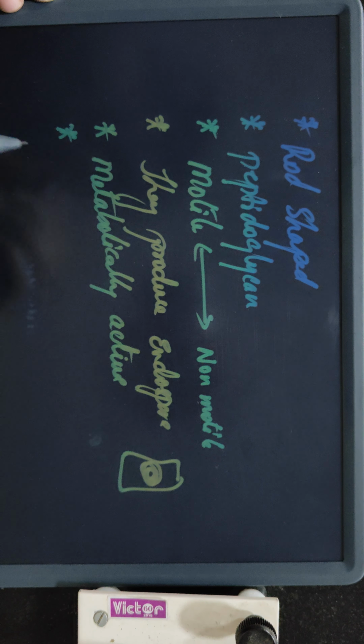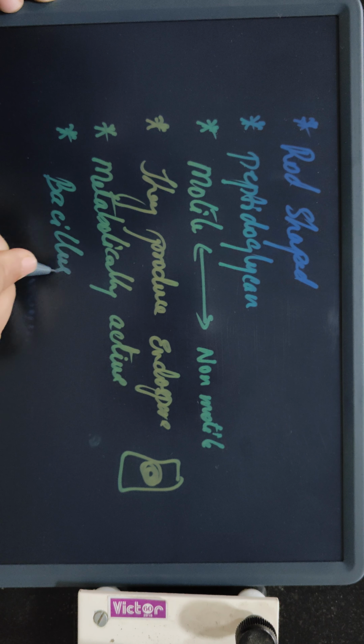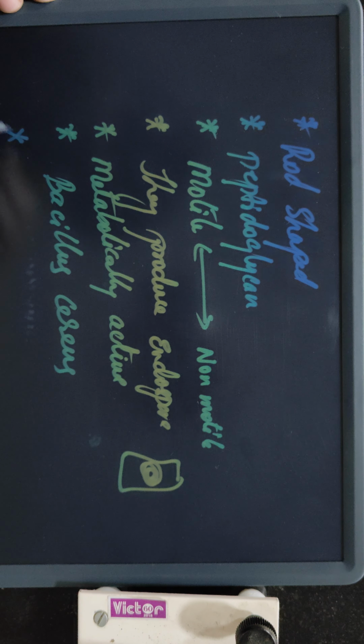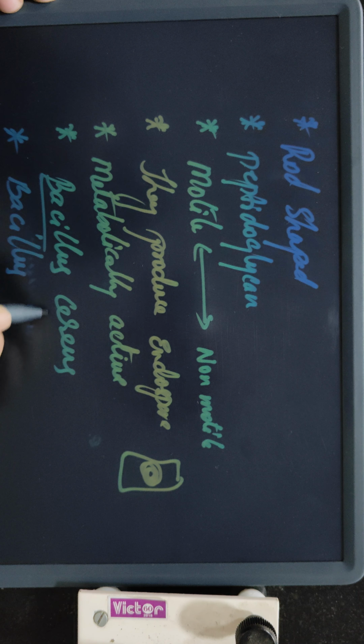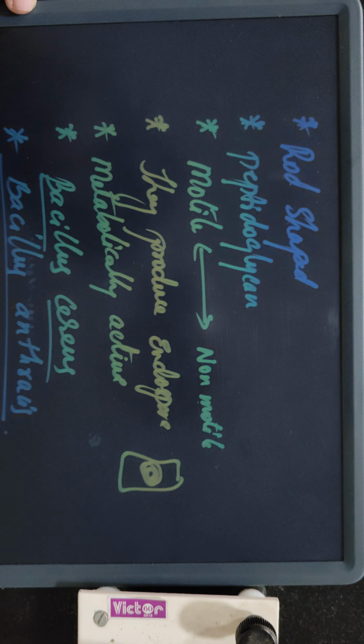Examples for bacilli is Bacillus cereus. Some of them are pathogens, Bacillus anthracis, and they can withstand harsh climatic conditions.